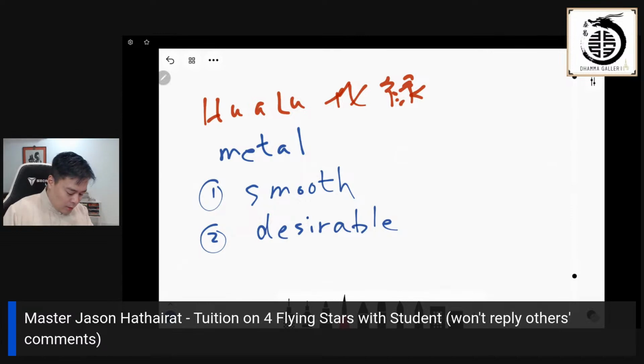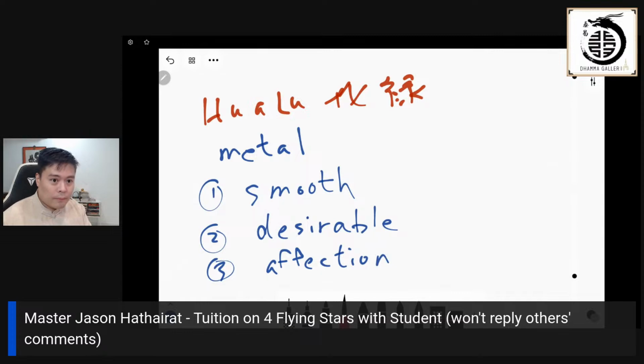Thirdly, 化禄 will represent affection. What it means is that during certain periods in your life, for example, if you are able to find 化禄 within your friends' domain, it could mean that within your friends there could be a potential romantic partner who can develop a romantic relationship with you.